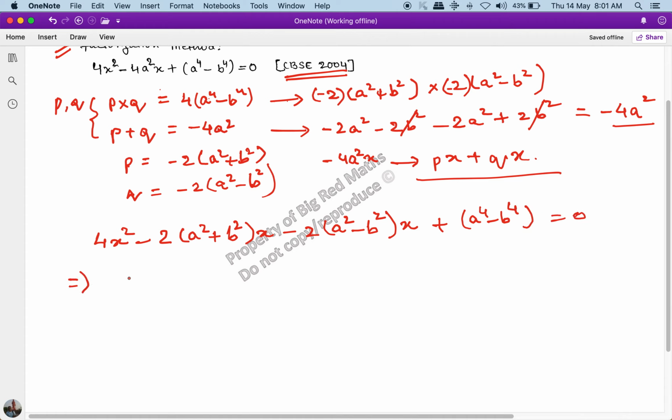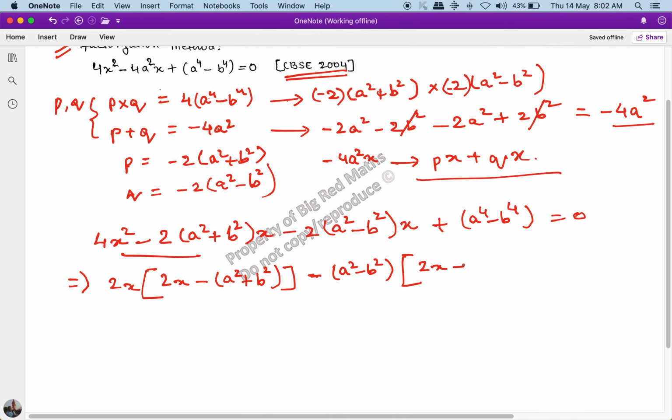What this becomes equal to is, I can take 2x common out of the first two terms, so it becomes 2x multiplied by 2x minus a square plus b square, and if I take minus of a square minus b square common, I am left with 2x minus a square plus b square.